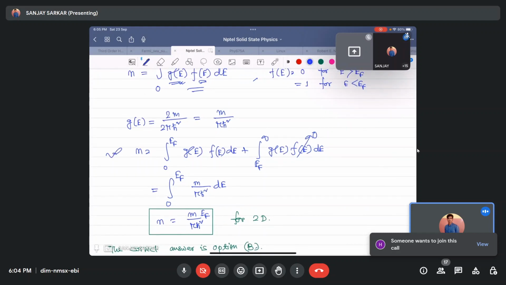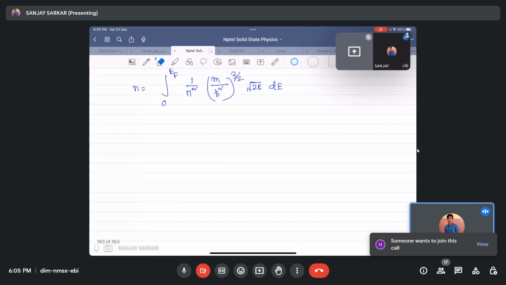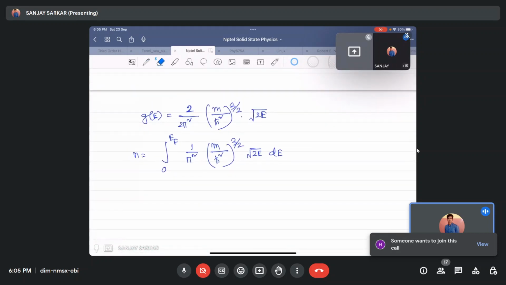This part is 0 and for this part f(E) is 1. Other things are constant, so root 2 by pi square into (m by h bar square) to the power 3 by 2.